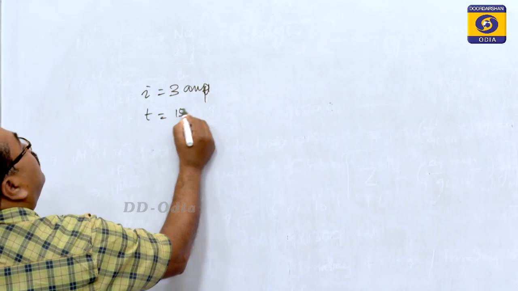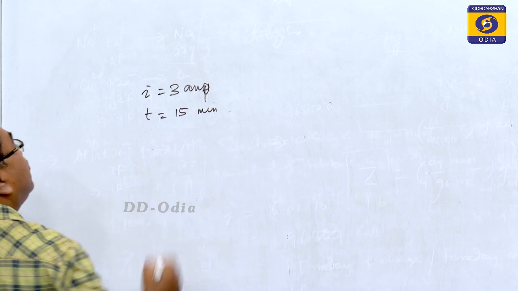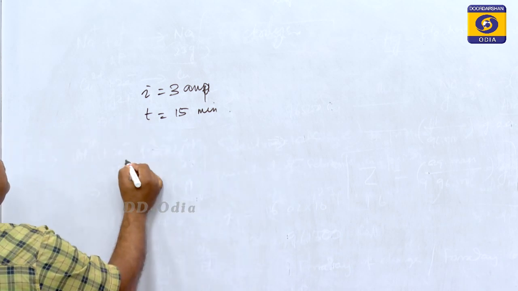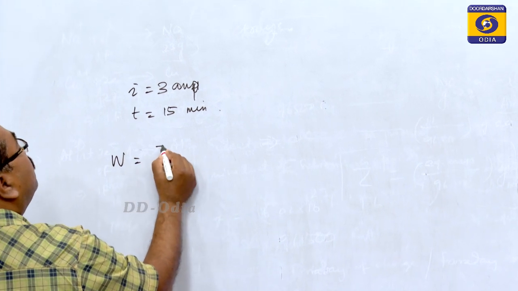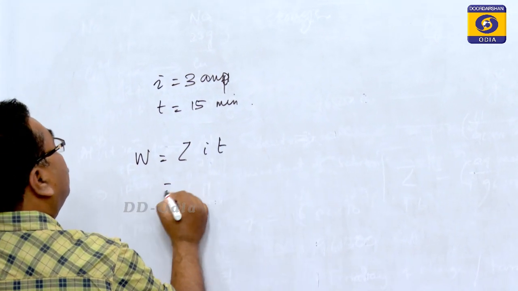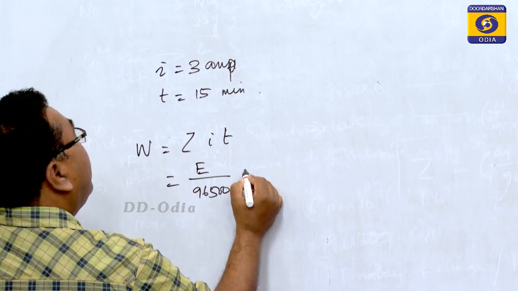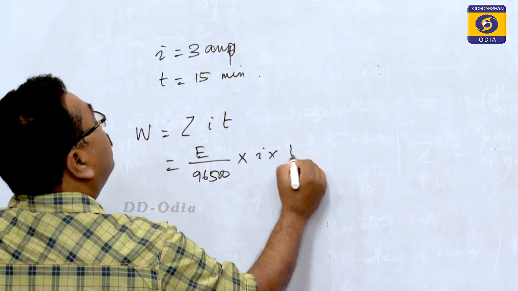Here current is given as 3 ampere, and T is equal to 15 minutes. You can use directly the formula W is equal to ZIT, where Z is equal to E divided by 96,500.